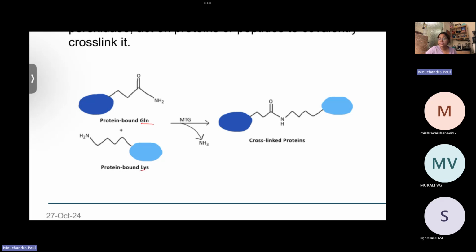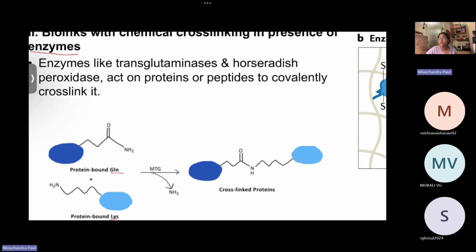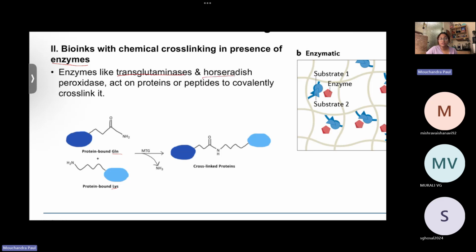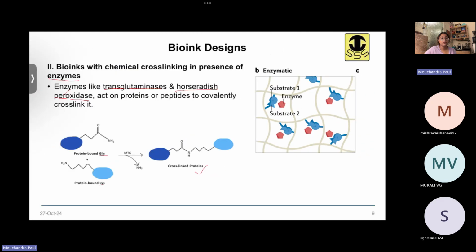Okay. And these glutamine or lysine containing groups react with enzymes like transglutaminase or horseradish peroxidase. Okay, these enzymes can act on these groups, because of which you get a cross-linked structure. Okay, so it's very easy.